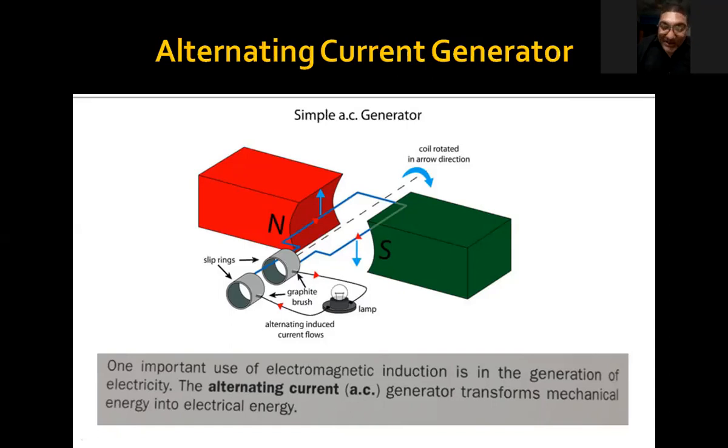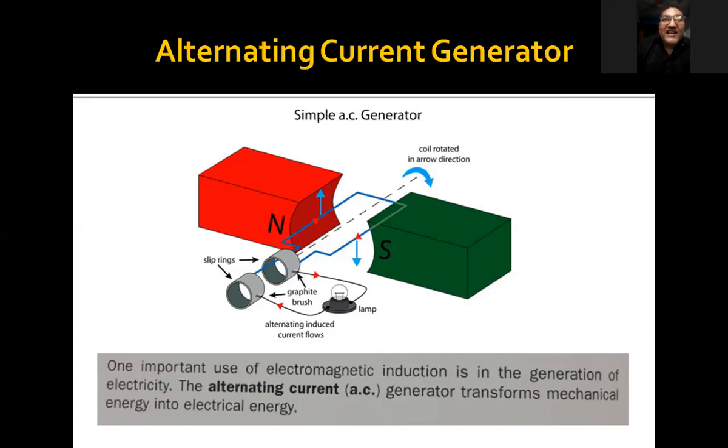When you rotate this coil, the lamp switches on. It glows, which means that when you rotate this coil, current is induced, and due to that induced EMF, the bulb is switched on. So it's a very important use of electromagnetic induction, and we use it in alternating current generators.